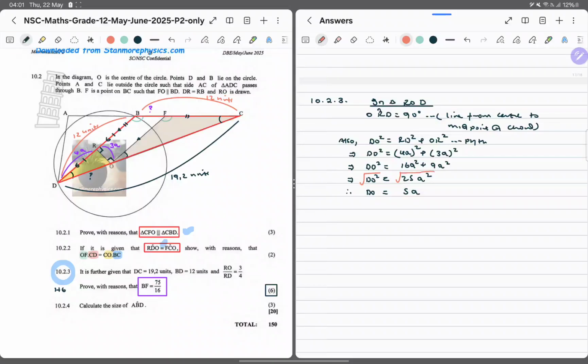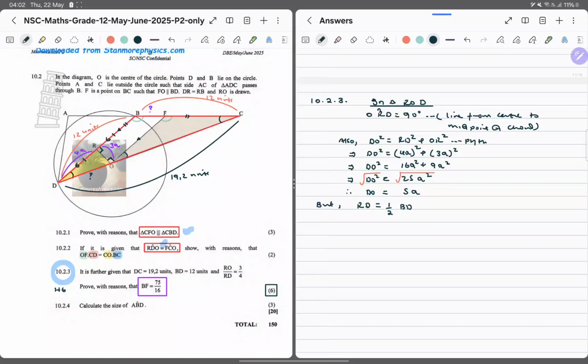Okay, guys, so this is one of those annoyingly long questions, and you cannot skip the steps. Very important. We've got a story here. We know that RD is equal to half of BD.